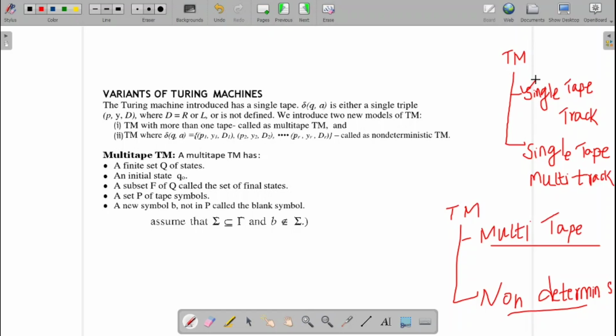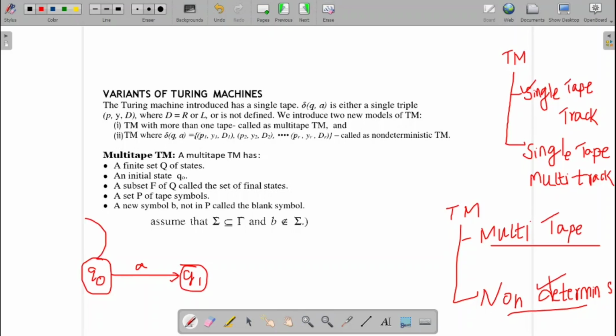And the second variation is the non-deterministic Turing machine. You can compare it with the non-deterministic finite state machine. In the non-deterministic finite state machine, more than one movement is possible for the same input symbol. Remember our previous design of the finite state machine: in a deterministic model, for each alphabet a single transition will be there.